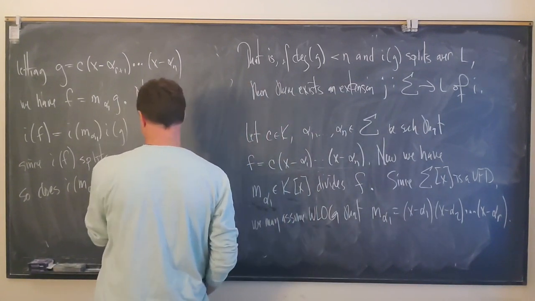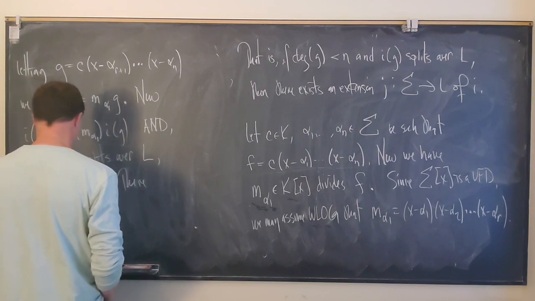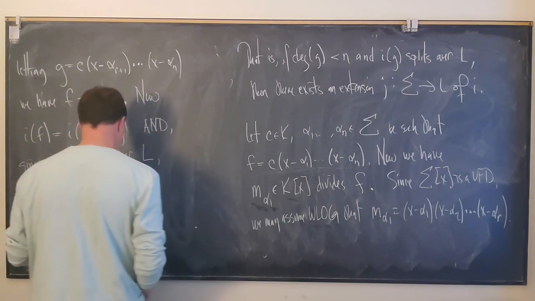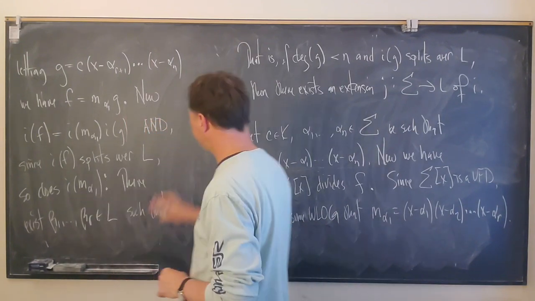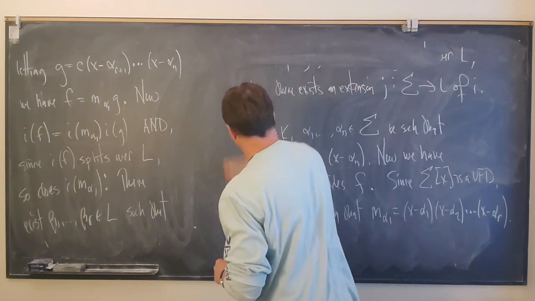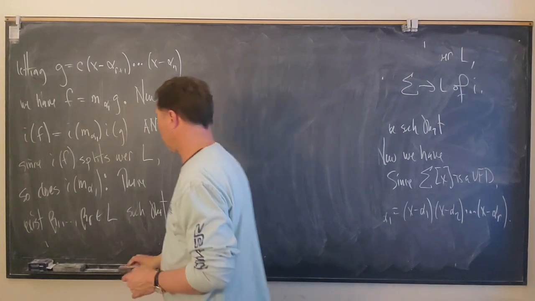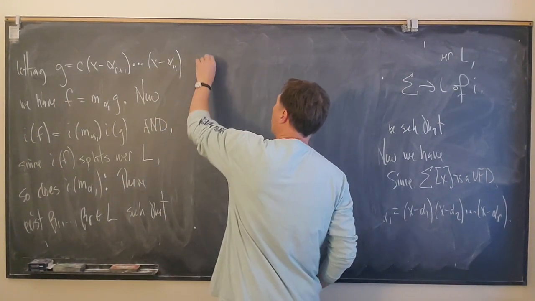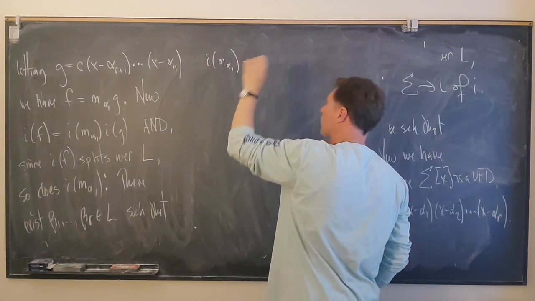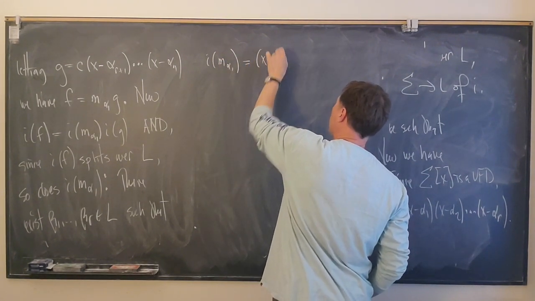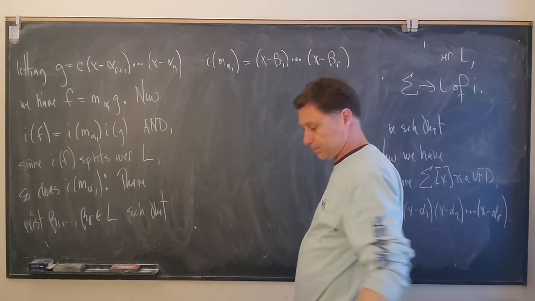So what that means is there exist beta 1 up through beta r in L such that I of m sub alpha 1 equals (x minus beta 1) up through (x minus beta sub r).